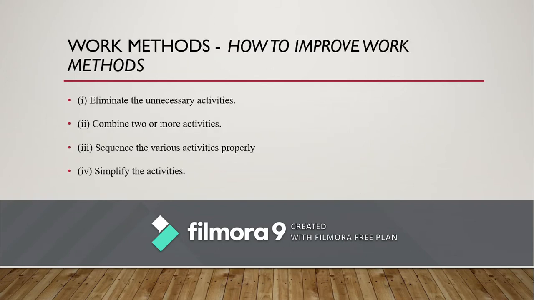Now going further, let us understand work methods. What are work methods? Work methods are the physical actions employed to perform a task. Evaluating and modifying work methods to prevent discomfort and injury is one of the several components of an effective ergonomics program. Work methods are also called work practices.